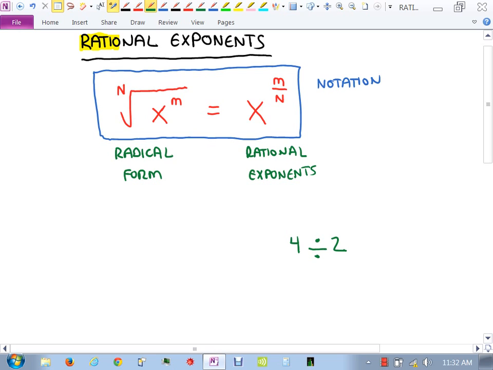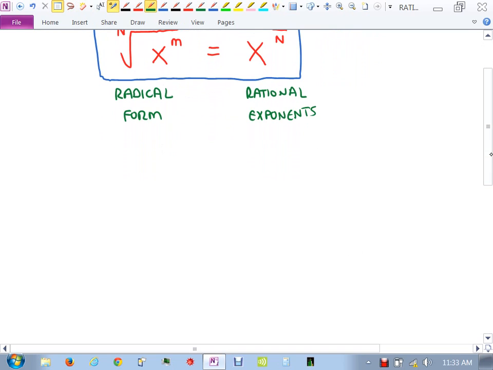And then at some point they said, okay, let's write it that way instead. It's just another way of writing the same thing. So let's not get too freaked out about it. But what we need to do is be able to use it.